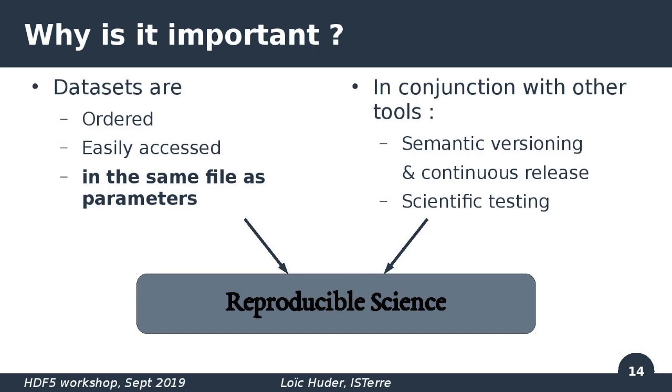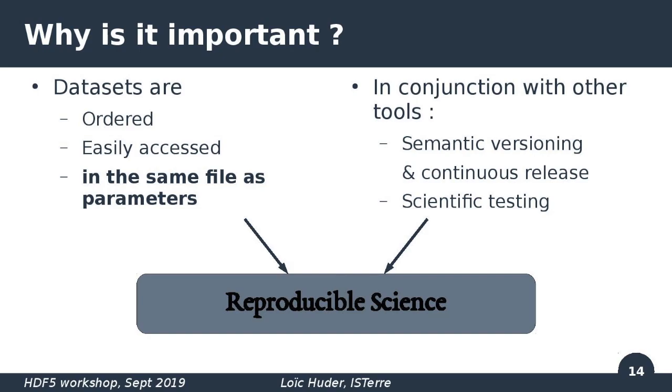We are doing a computation, and if I look at the data of this computation, I want to know exactly what its parameters were. This can also be used in conjunction with other technical tools, such as semantic versioning and continuous release, so that you register all the changes you make in your algorithm, and every version number corresponds to a change.